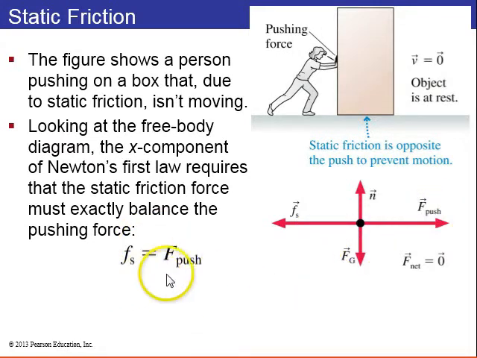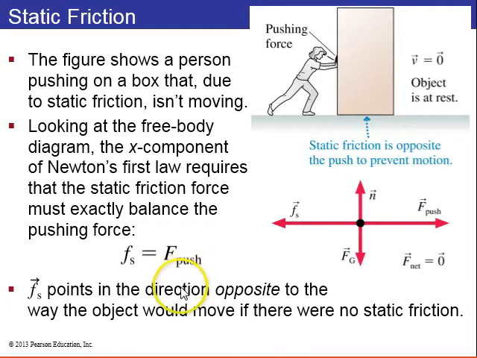And so here's the equation for static friction in this case. Static friction points in the direction opposite to the way that the object would slip if there was no static friction. So if this was a super slippery floor with marbles on it or something, we know that the object would accelerate towards the right, but it doesn't because there's static friction pointing towards the left.